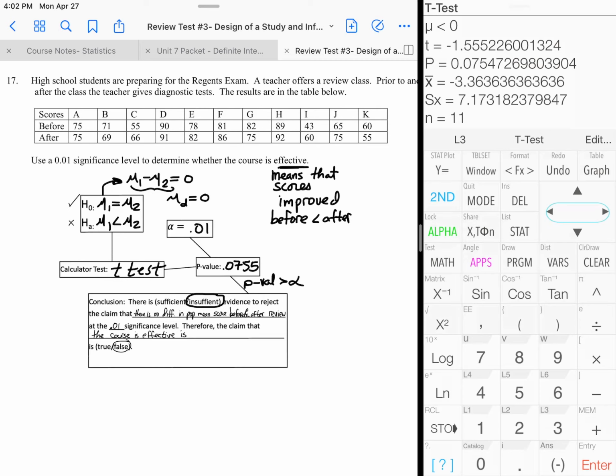All right. So a lot of details there, but a lot of the heavy lifting is done behind the scenes in the calculator. Now, we didn't really go over how to get these numbers, the p-value, by hand.